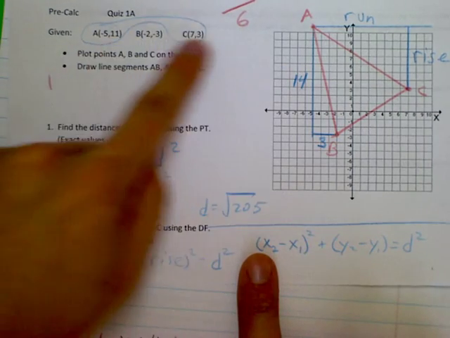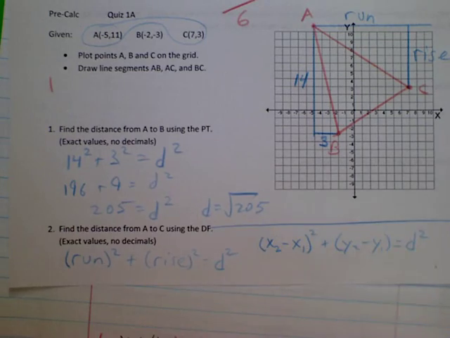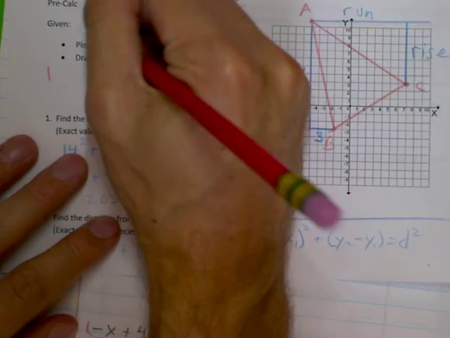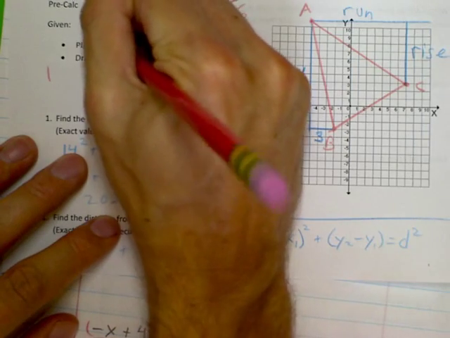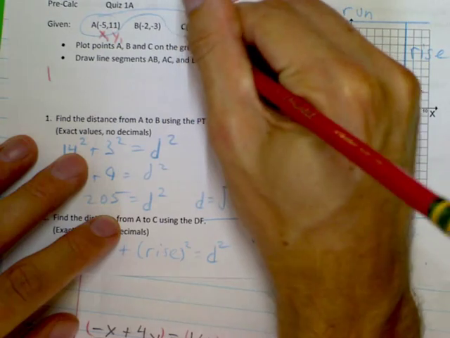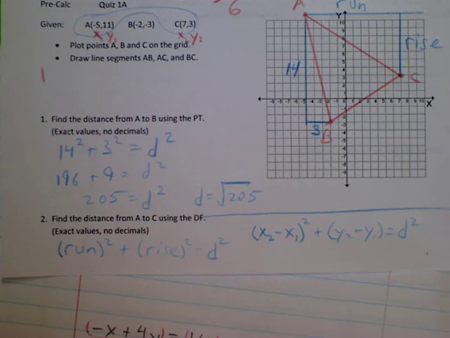Out of all of these numbers, make sure to plug in the right one, not the wrong one. Okay? So to help me with that, I'm going to go ahead and label these. I'm going to call this one up here x1 and y1, and I'm going to call this point x2 and y2. Those labels help me not make mistakes, although they don't guarantee that I don't make a mistake.